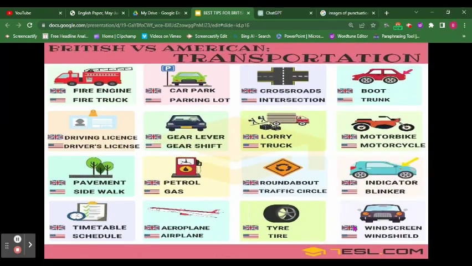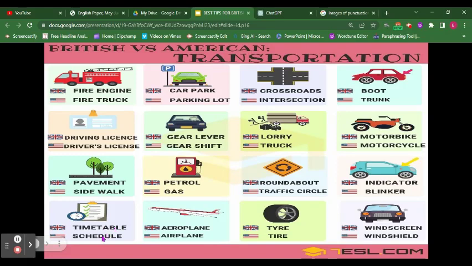And this brings us to British versus American English in the area of transportation. Where British says fire engine, Americans will say fire truck. Driving licence, British, driver's license, American. Pavement, British, sidewalk, American.